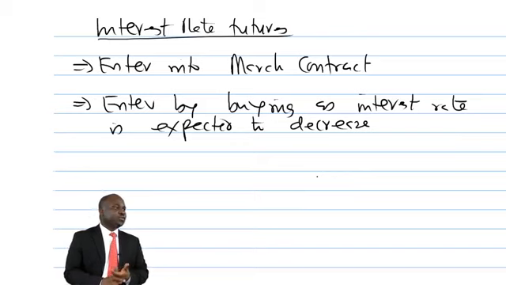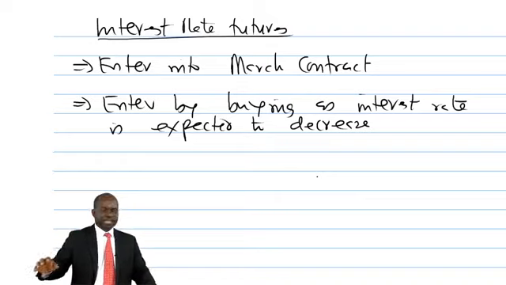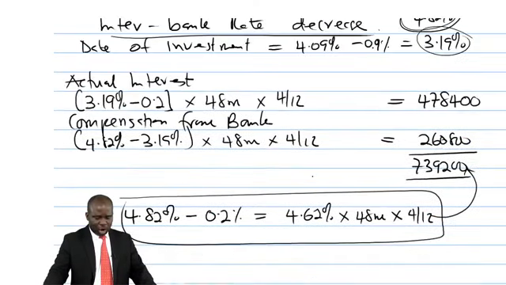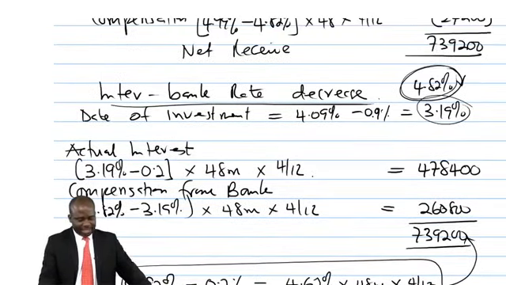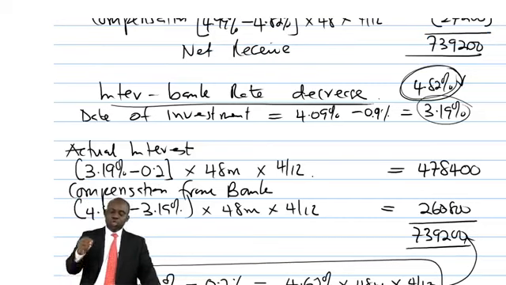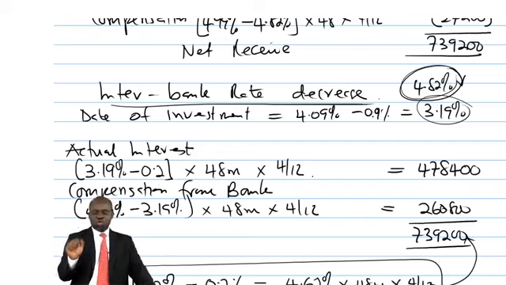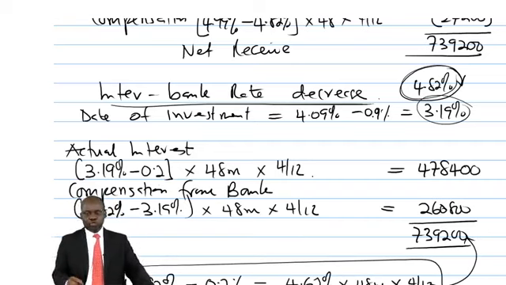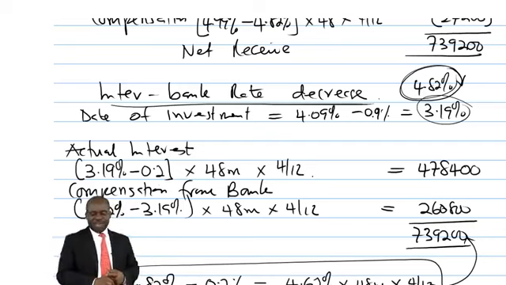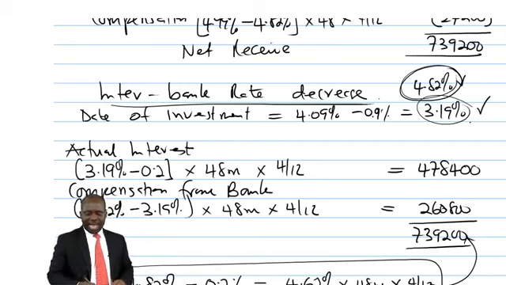I'm confused about the compensation from the bank. Okay, the compensation from the bank, this is it. The argument is you fix the interbank rate at 4.82%, so that whatever the interbank rate will be, you have to receive 4.82. But on the day you invested, the interbank rate had decreased from this by the 0.9 to 3.19.